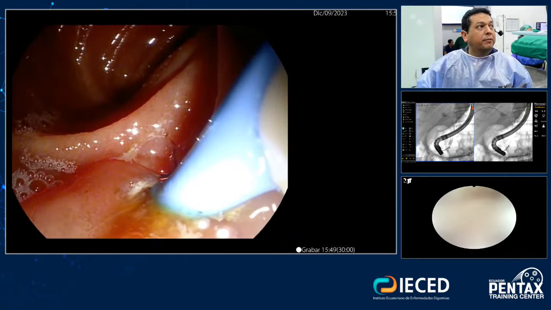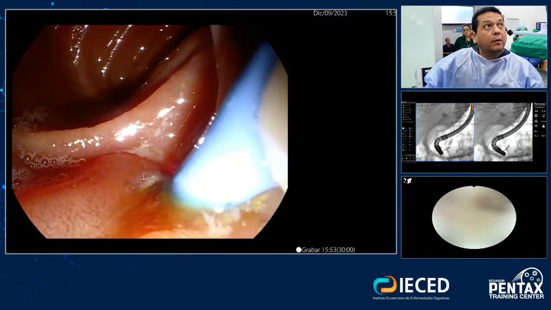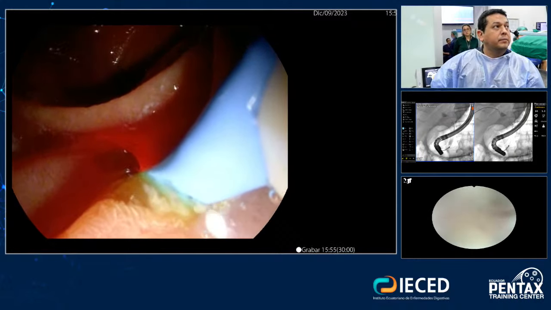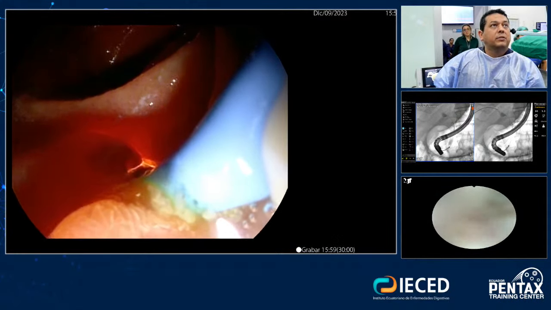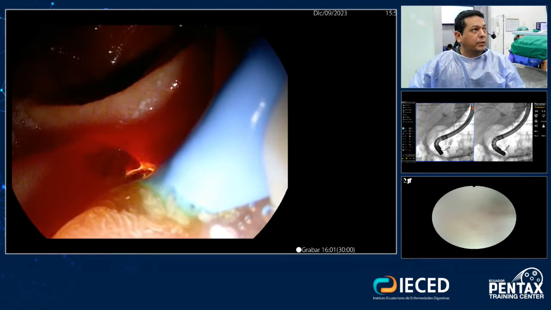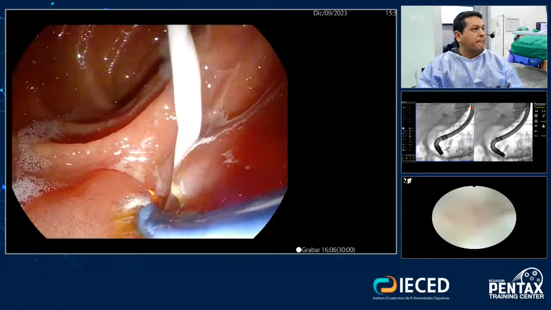But I believe I will use a fully covered stent or partially covered because the risk of bleeding through the stent is high. So this will help to avoid anemia.